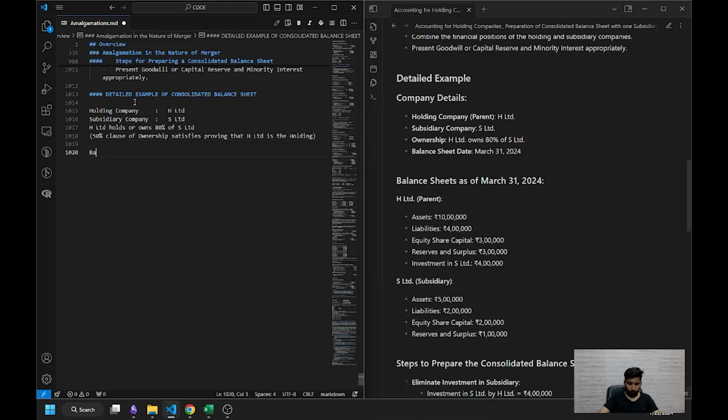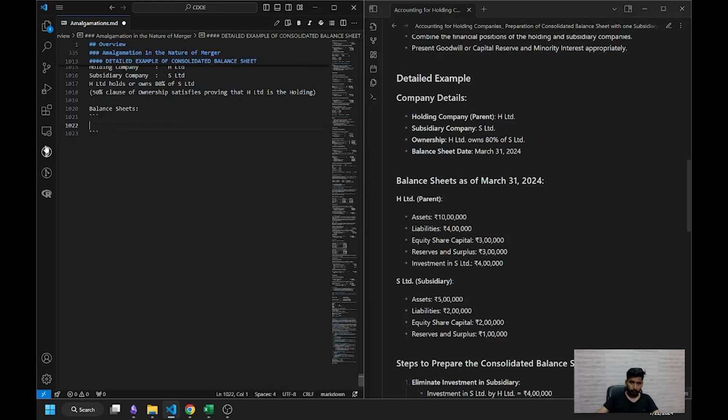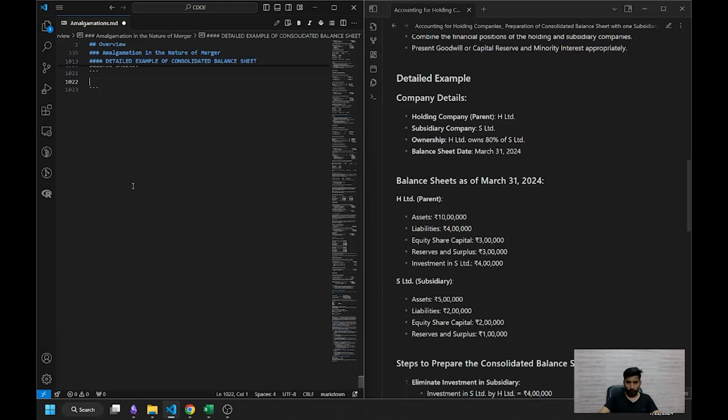So we have the balance sheet as follows. Balance sheet of H Limited.